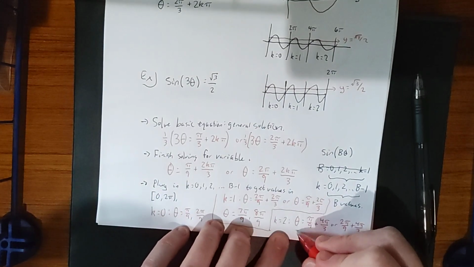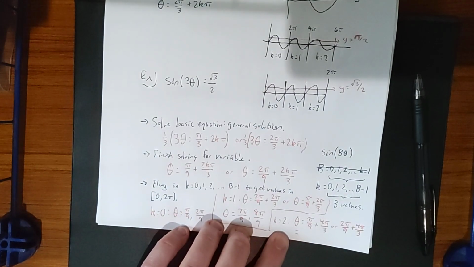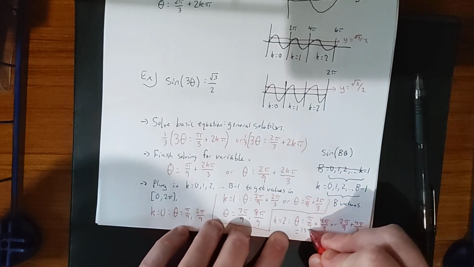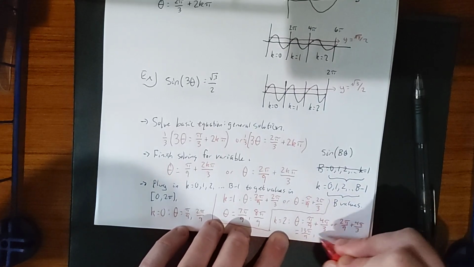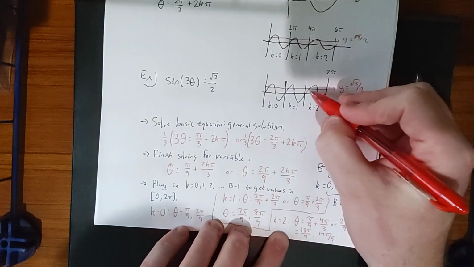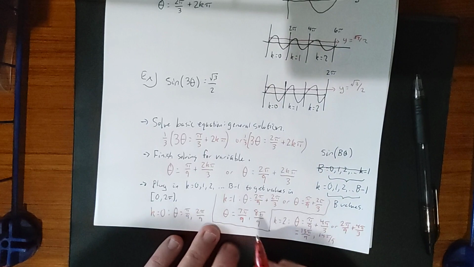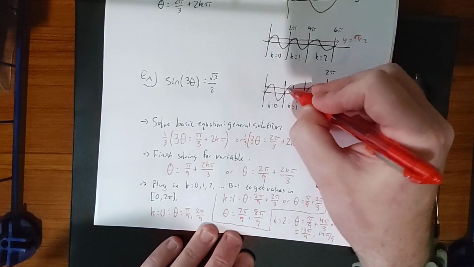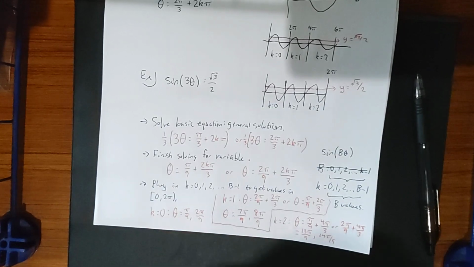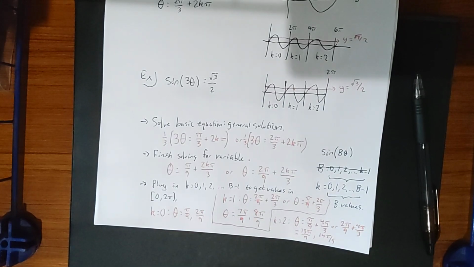These will produce, and once again, I'm going to rely on you to do a little bit of work here, a common denominator of 9, you'll get 13 pi over 9 and 14 pi over 9. These would correspond to the last 2 values in the k equals 2. The 7 pi over 9 and 8 pi over 9 would correspond to the 2 values here within k equals 1. I think we should probably do another example of this.